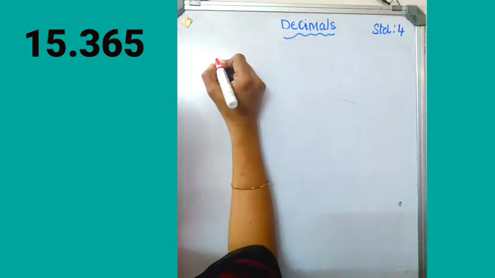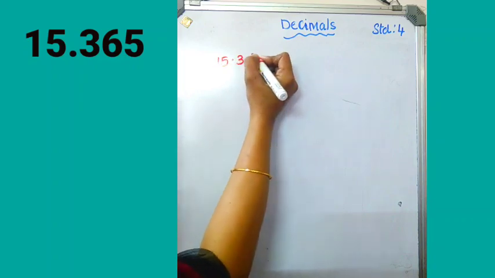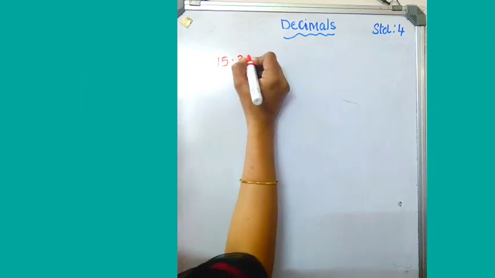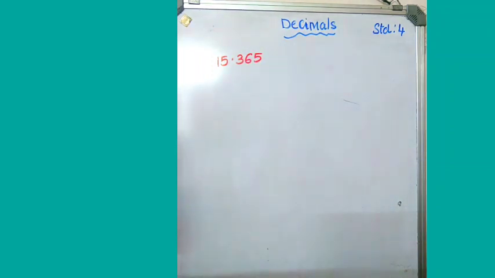Okay, we will try. Our number is 15.365. We have to find the expanded form.